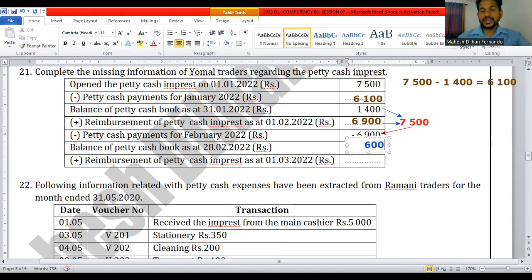It is 600 rupees. 7,500 minus 6,900. The balance is 600 rupees. Then how much do we have to reimburse? Again, 6,900 to be reimbursed.